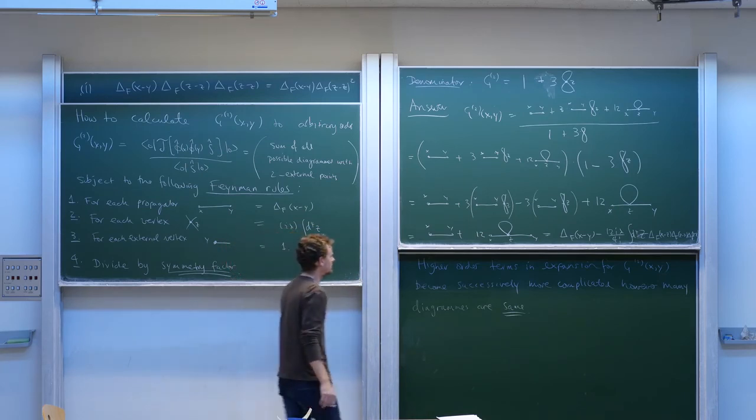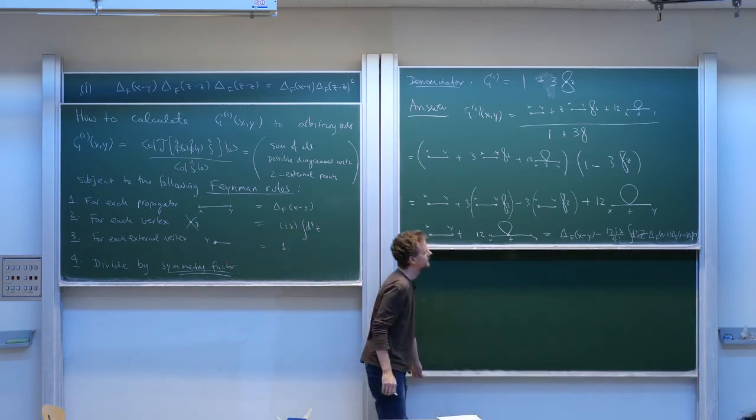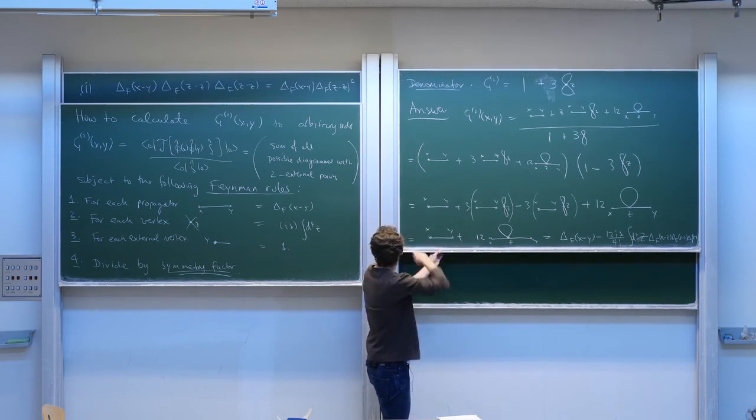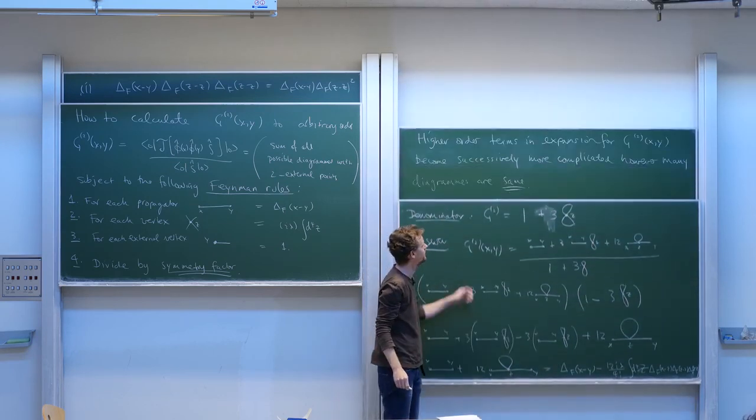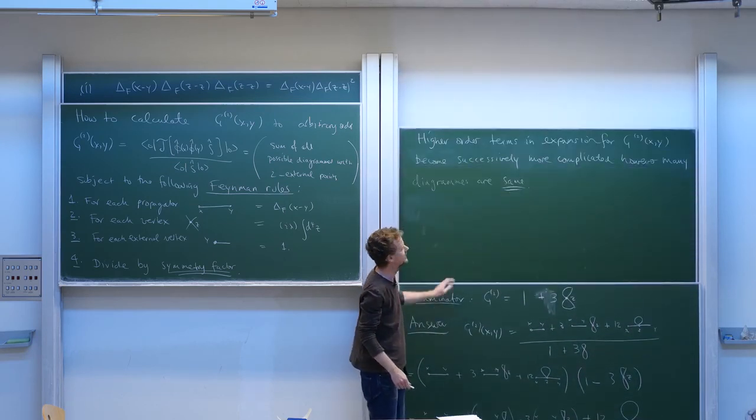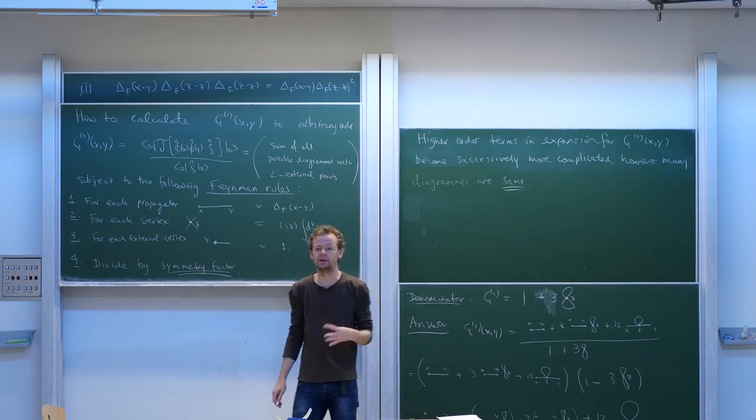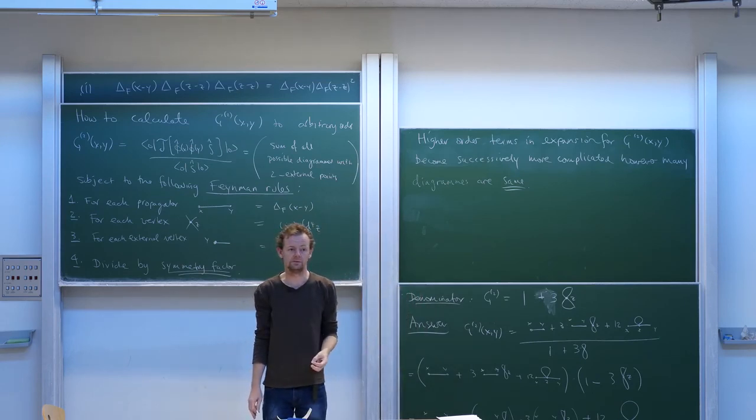I'll make a pretty obvious statement. Higher and higher order terms in this Taylor series become successively more and more complicated. But many of these diagrams that we write out to represent these terms are exactly the same. We get the same diagram in multiple ways.